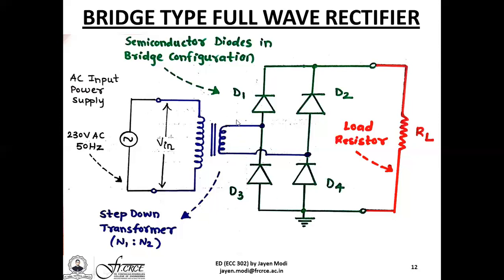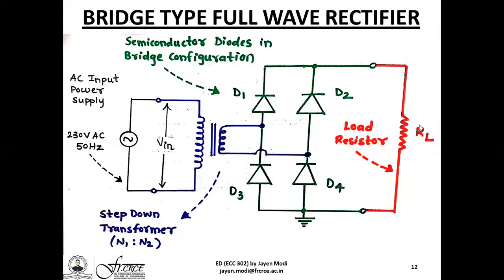The upper part of the step down transformer secondary winding is connected at the interface of D1 and D3 as shown, while the lower half of the step down transformer secondary winding is connected at the interface of D2 and D4 as shown. So we have one connection from here, we have one connection from here, which is connected finally to the load resistor RL. This is the component across which we would like to have the rectified DC output voltage developed.